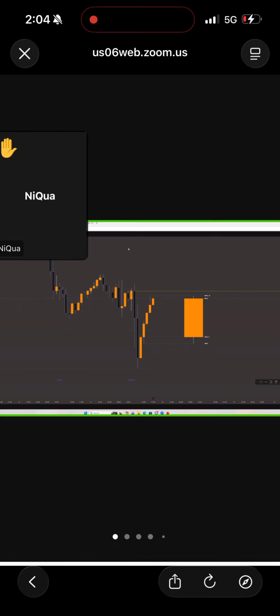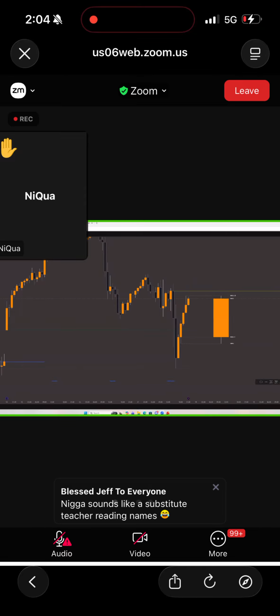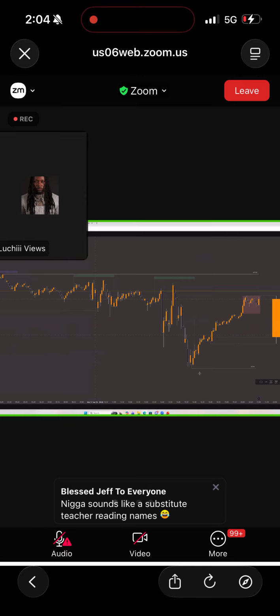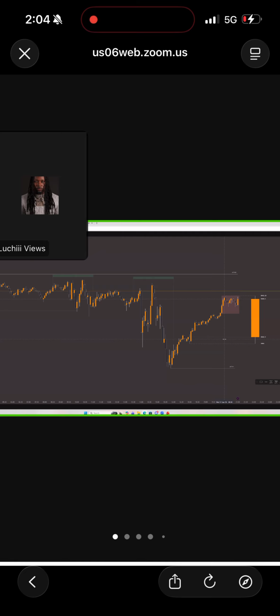Because if inducement happened on the 1 hour time frame, and then a sweep of liquidity happened on the 1 hour time frame, and so we go down to the 5 minute, does breaker structure happen then, or are we able to see the breaker structure start on the lower time frame? Yes. Okay. So if a liquidity sweep happens on the 1 hour, you want to see a breaker structure on the 5 minute before we get into our trade.